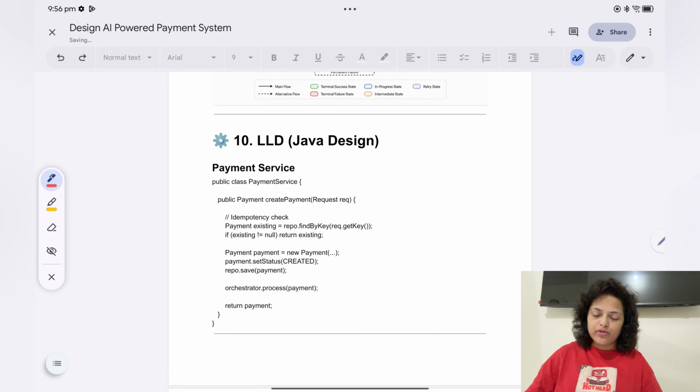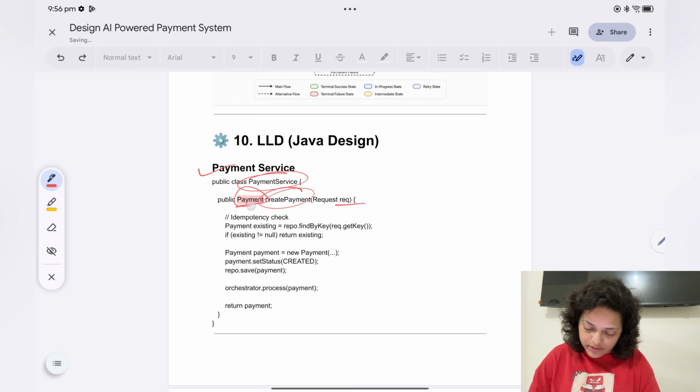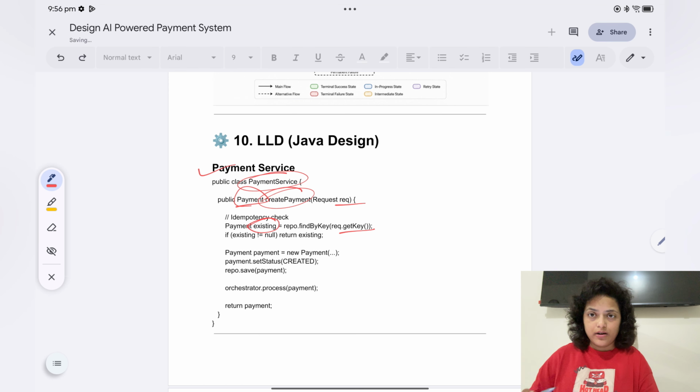Okay, now if you talk about low level design, like in Java, here you will have one payment service. Payment service will have one method, createPayment, which will take a request as input and will return the payment response. Now what it will do: first, using the key, it will check whether it is an existing transaction or not.